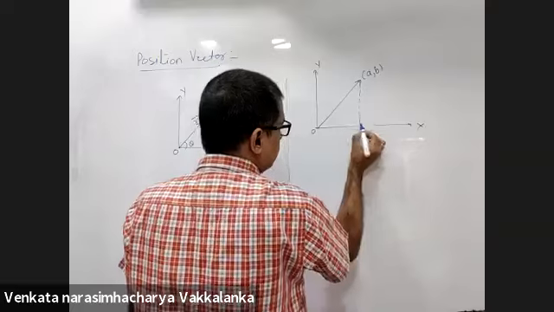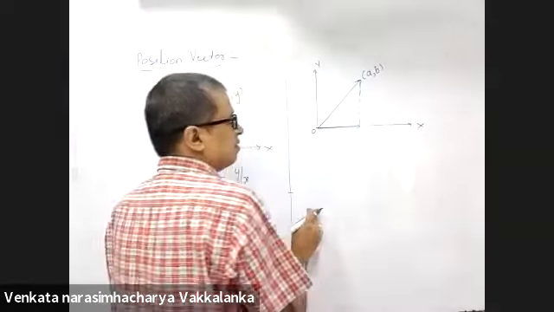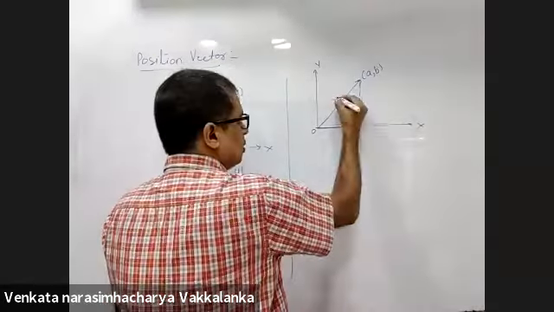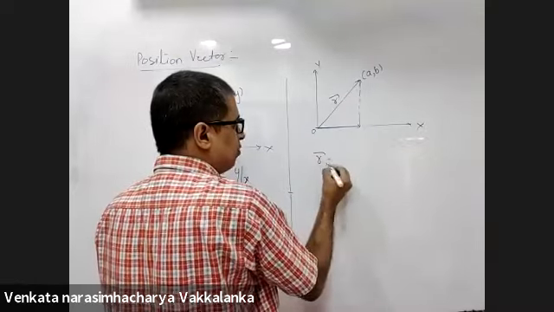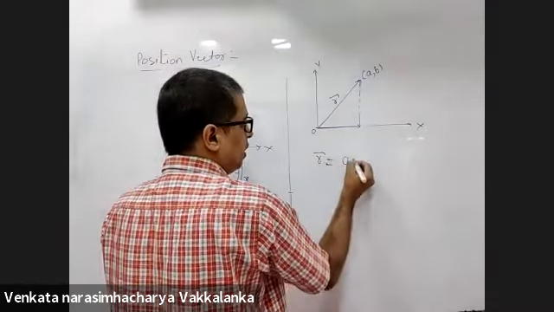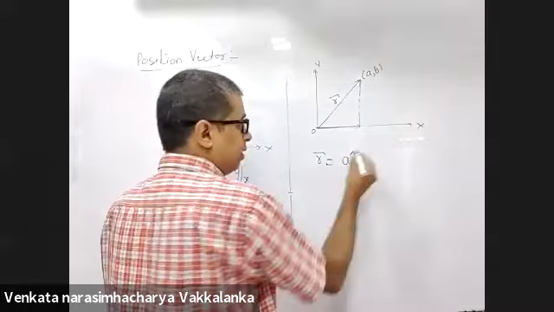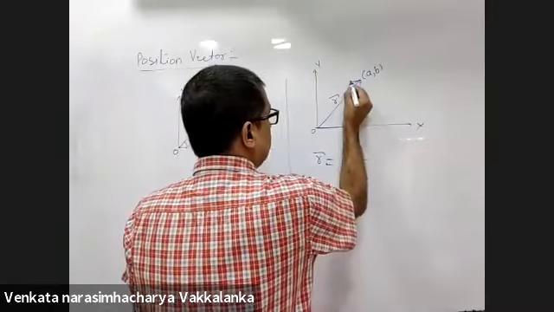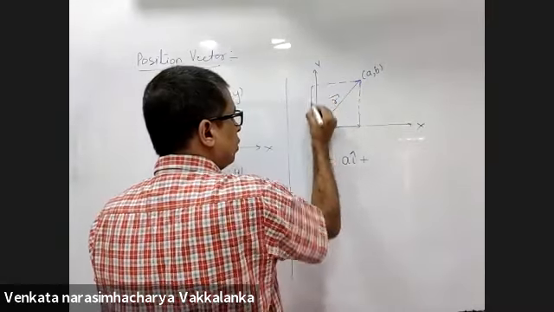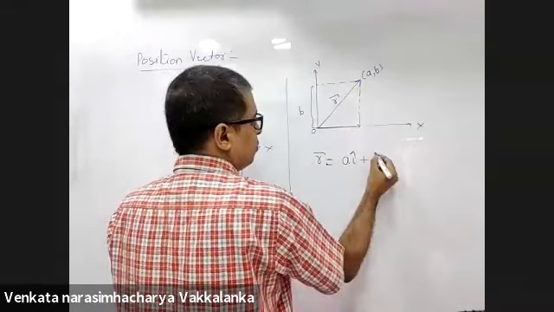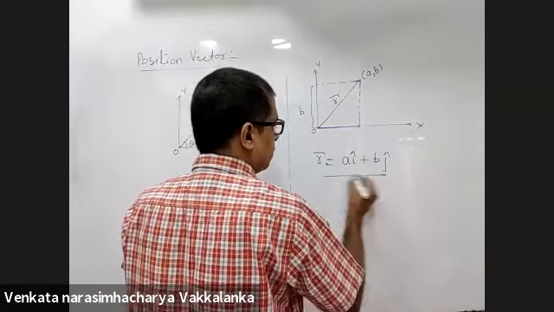This is A. So the vector R will hereafter be represented as A I cap plus B J cap, where B is the y component.